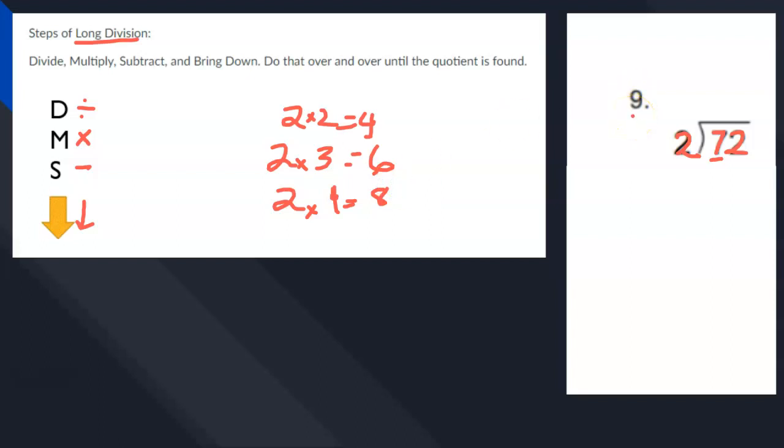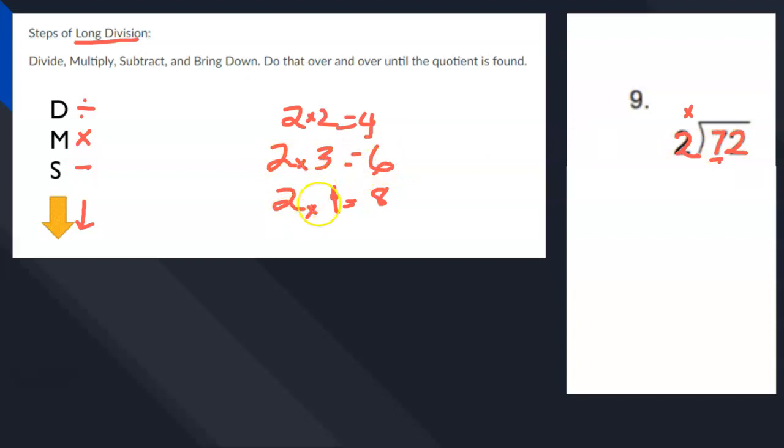But if you can skip count by 2s, you can multiply by 2. So 7 divided by 2. That's the first step. How many times does 2 go into 7? Let's see. 2 times 2 is 4. Can I get closer to 7? 2 times 3 is 6.